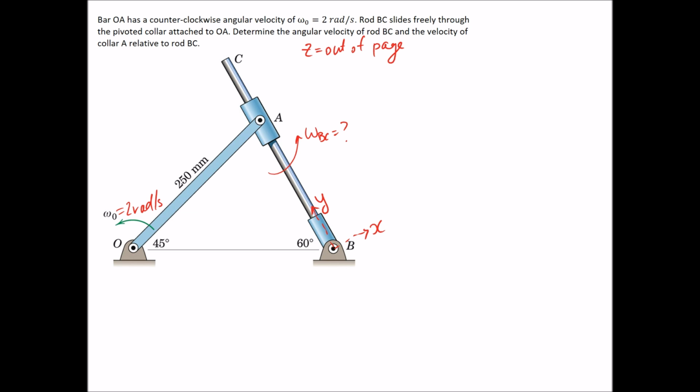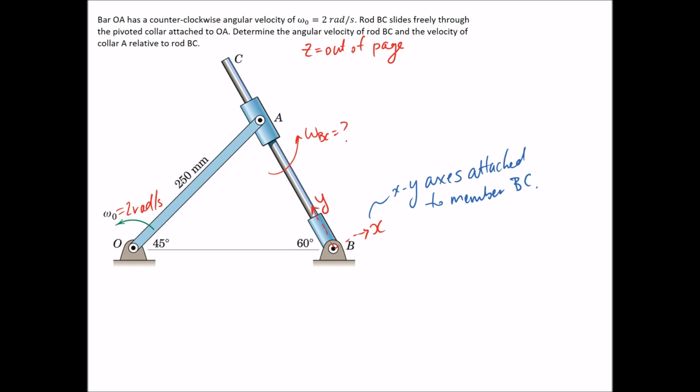Let's make a quick note: x-y axes are attached to member BC. That means these axes are going to rotate with whatever angular velocity we have on this member, which we've called omega BC.